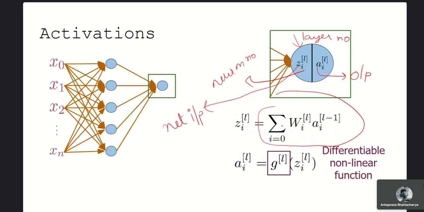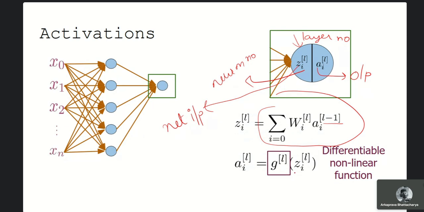So this ith neuron of layer L is receiving inputs from the previous layer, L minus 1. It will first do a weighted summation of the inputs that it is receiving. So Z_i^L is nothing but the weighted sum of the inputs that it is receiving from the previous layer.